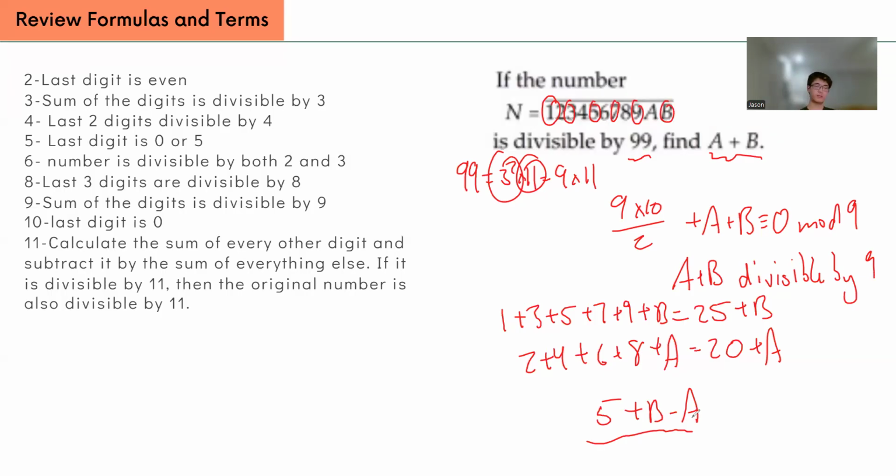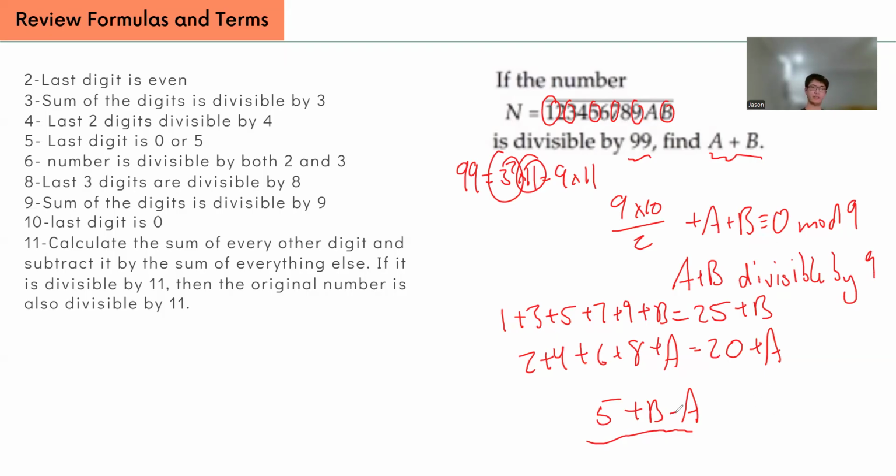Okay, so how do we figure out what this is? We know that A plus B has to be 0 mod 9, and we have this difference condition. So we can keep trying different digits for A and B, given that they have to add up to a multiple of 9.